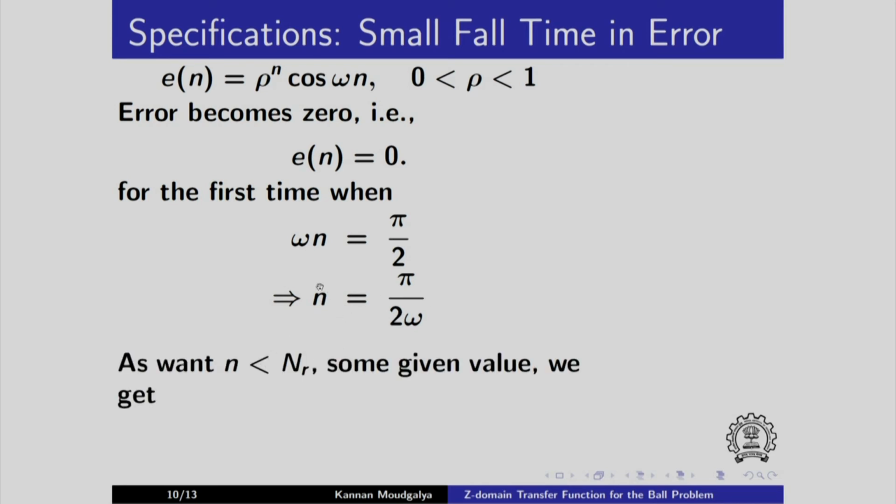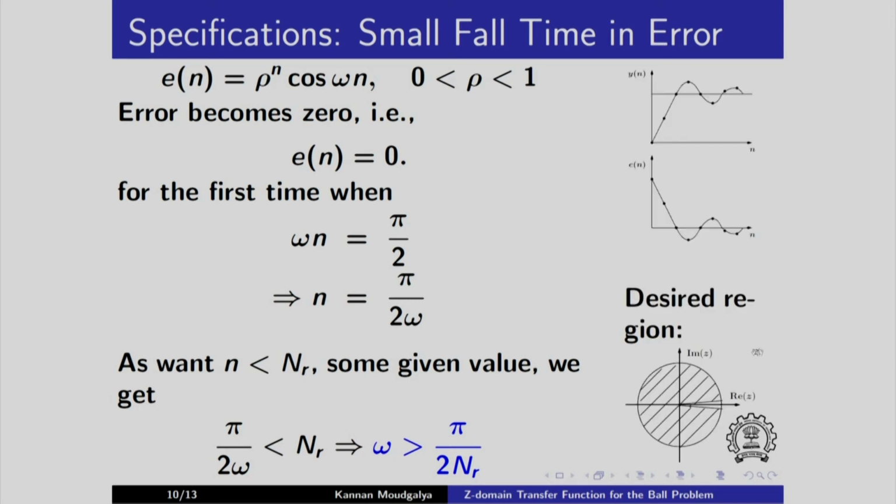We want this n to be less than some nr, a user specified value. So we get pi by 2 omega less than nr, or omega greater than pi by 2 nr. We diagrammatically showed this as follows as a shaded region as given here.